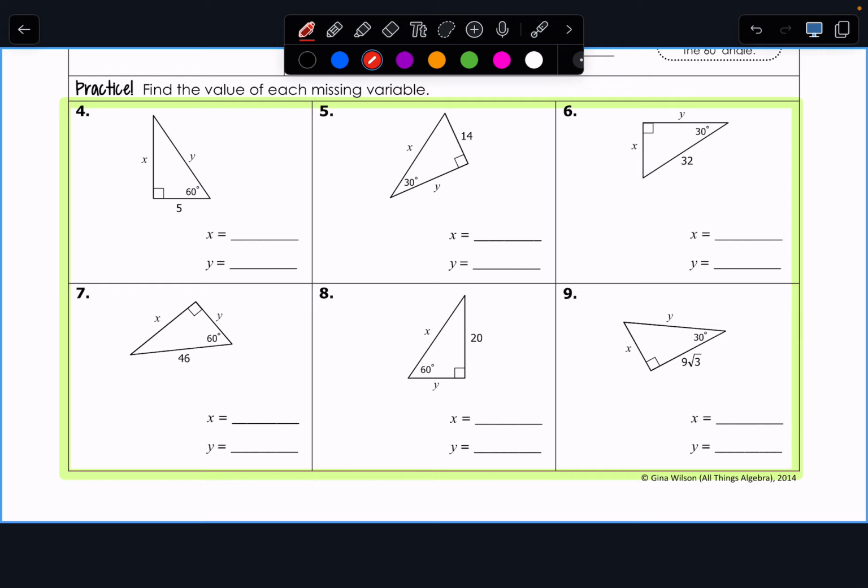What are you talking about? What is it divided by 2? 16. Oh, radical 16. Divided by radical. 10 over 3 is not 5.